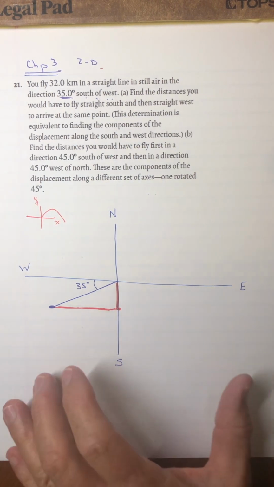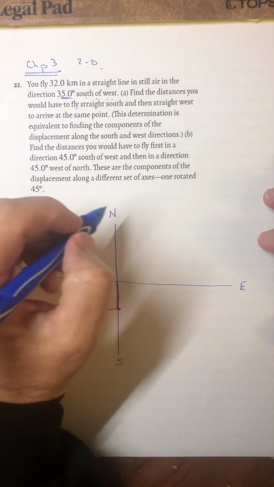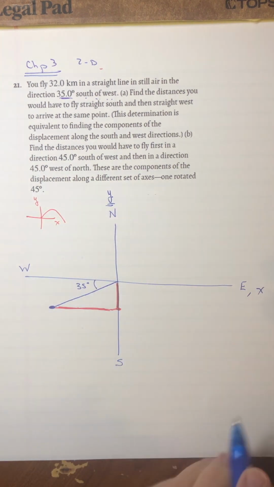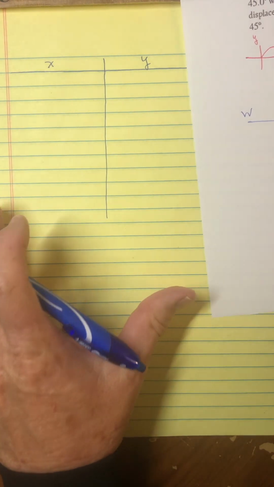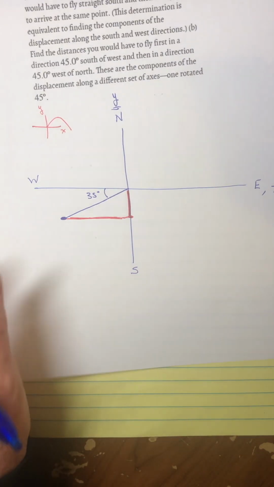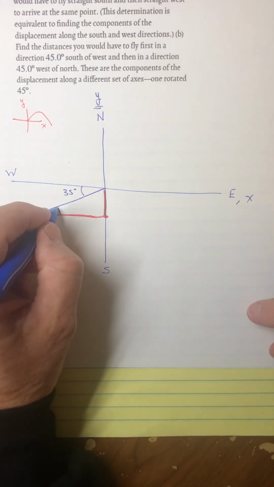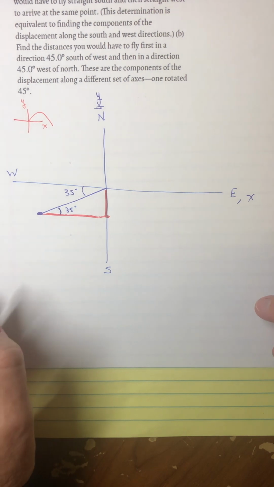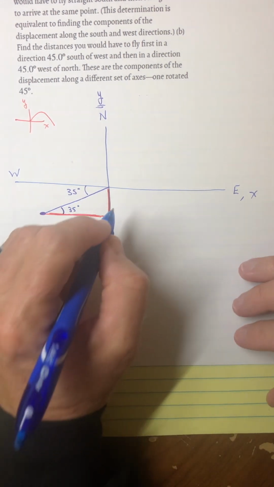Okay, so in a mathematical sense, let me change this to the Y-axis, and let me change this to the X-axis. And then I can do something like this. I'll put the 35 over here. Maybe I'll even draw a standard triangle.